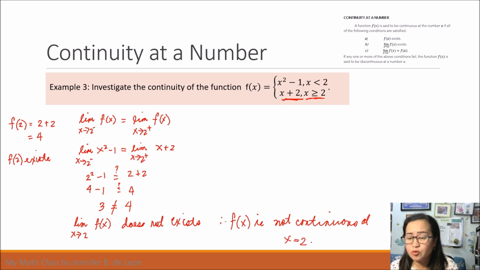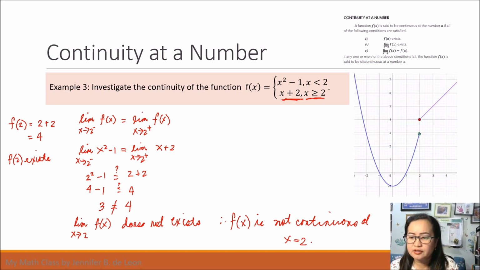Now we support our answer using a graphical method. If we trace the graph, we will be interrupted here when we reach this point. There is an open hole.